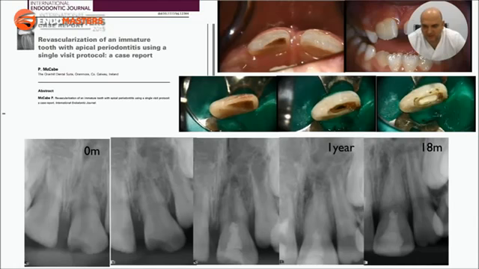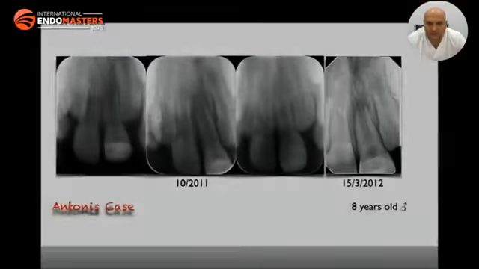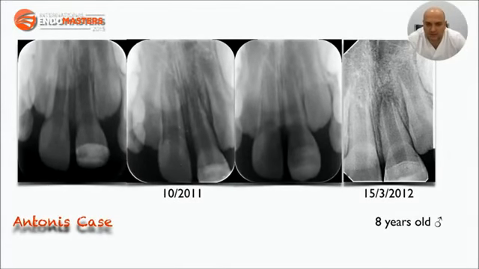But with me having experienced 2 more successful cases of single-step regeneration, I thought I could apply always this technique to all my necrotic immature root cases, like little Antonis's case here, that was referred to my practice back in 2011.